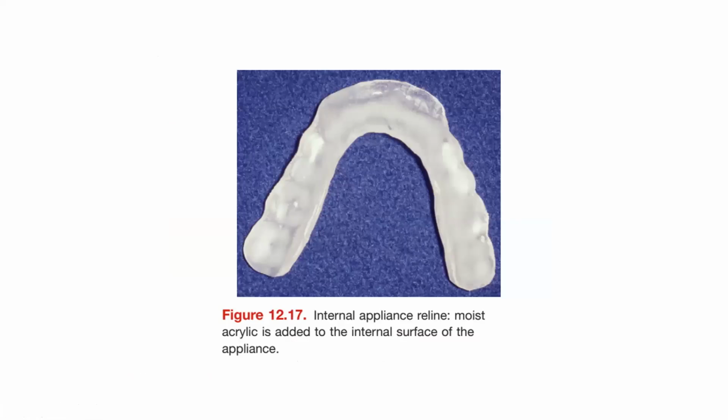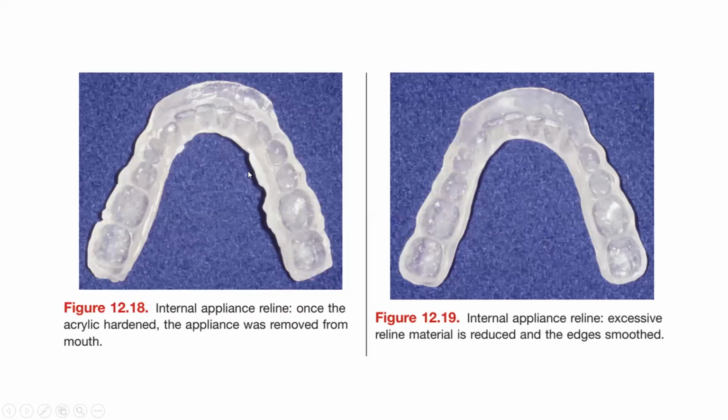So for the internal relining, we can put the soft acrylic material over the internal surface of the splint, and then put the splint into the mouth and allow the material to set. Once the material is set, we can remove the occlusal splint, and the excess material can be trimmed extraorally.